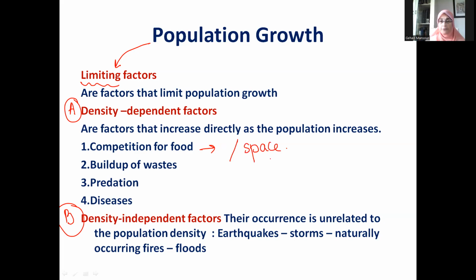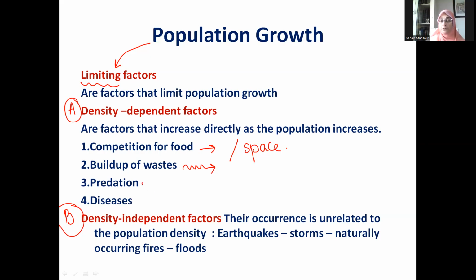There wouldn't be enough space for all the organisms, or there might be buildup of waste. Notice that in the world of animals, there is difficulty getting rid of waste. So the buildup of waste might interfere with the rate of reproduction because of the space, or it might interfere with the rate of reproduction because of diseases and bacteria that might flourish in the space.